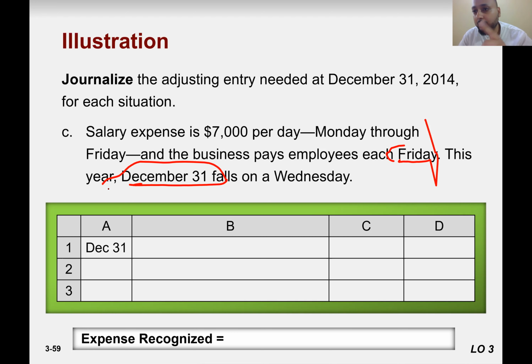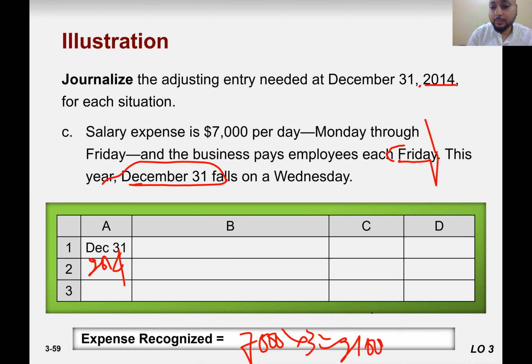So recall the matching principle, expense and revenue recognition principle. That is, 2014 expense and revenue will be recorded in 2014. So on 31st of December 2014, how much salary expense belongs to 2014? 7,000 multiplied by 3, which is 21,000.